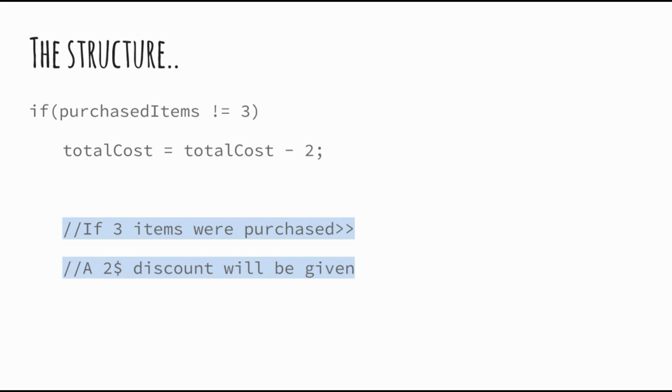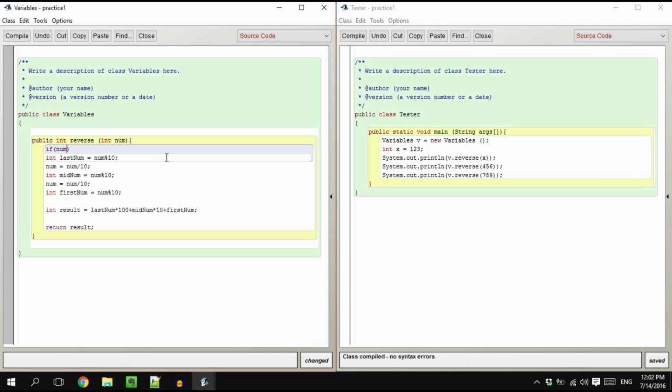Now let's resume to where we stopped. What is a 3 digits number actually? A 3 digits number is any number larger than 99 and smaller than 1000. So our scope of numbers will be from 100 to 999. And let's write it.